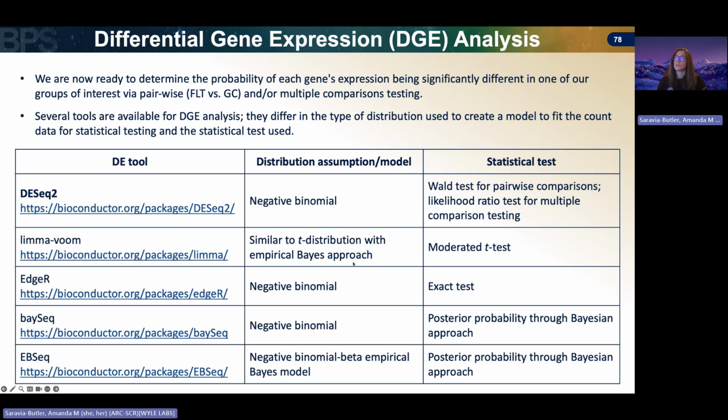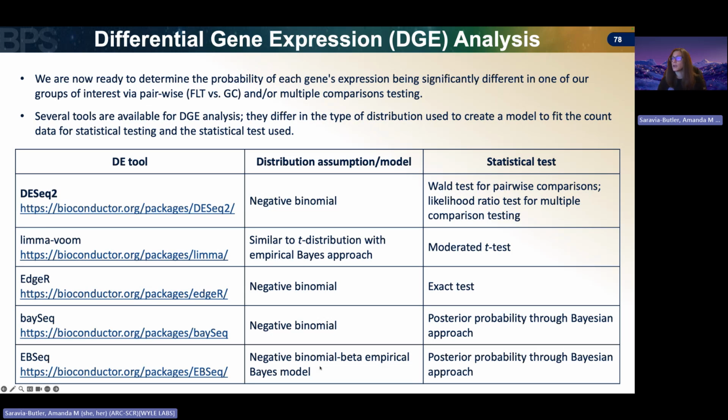This one uses a distribution model similar to a t-distribution with an empirical Bayes approach, and the test that it performs is a moderated t-test. EdgeR and BASIC also both use the negative binomial assumption. The statistical test for EdgeR is the exact test. The statistical test used for BASIC is a posterior probability through a Bayesian approach.